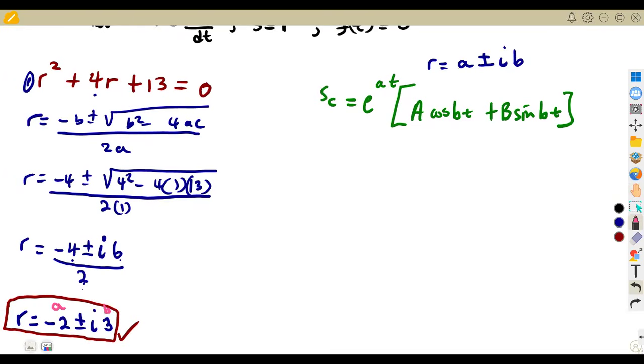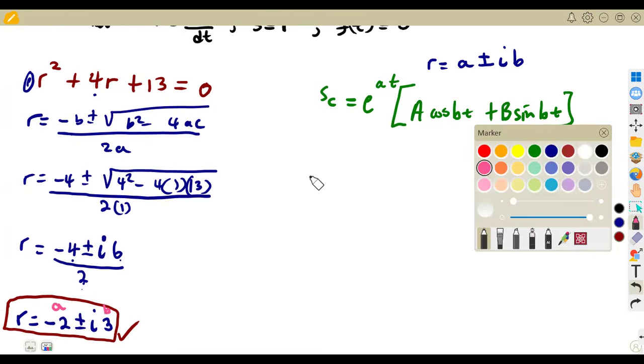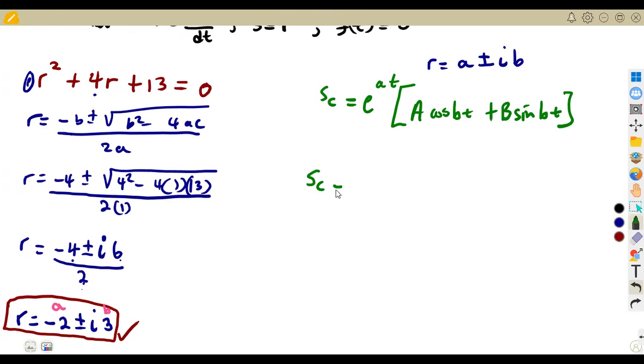So SC, which is our complementary function, is going to be e to the exponent of at. So our a is negative 2, so it's going to be negative 2t, like this.